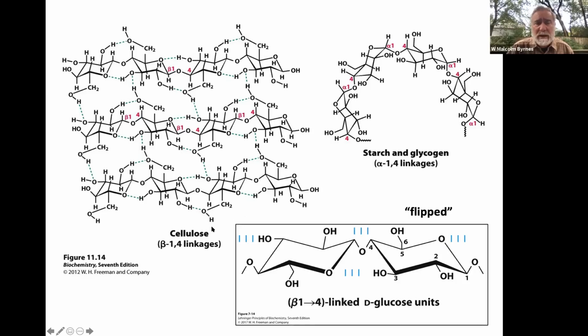And of course, in cellulose, the glucose units are connected by beta-1,4 linkages. It's the beta-1,4 linkage that we can't hydrolyze. We don't have the enzyme to hydrolyze that beta-1,4 O-glycosidic linkage between glucose units. That's why we can't digest cellulose.